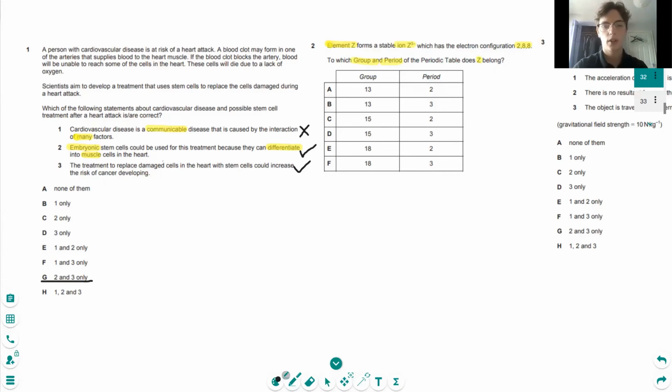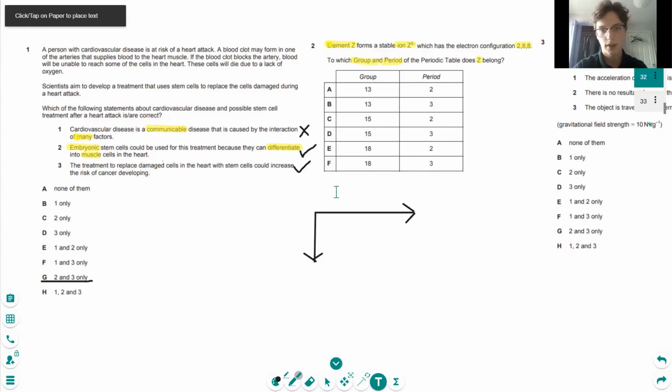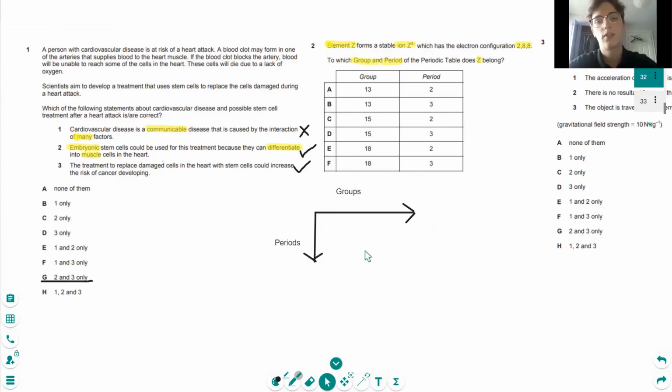So, can we remember from our GCSE chemistry which way groups and periods go on Mendeleev's periodic table? Yeah, so groups go across the periodic table and they increase in number laterally, and periods go down the periodic table vertically.